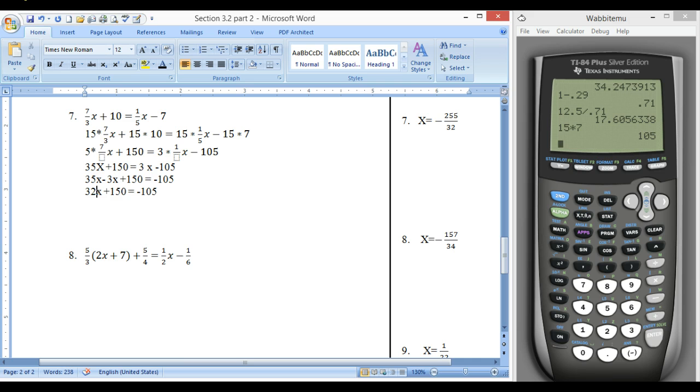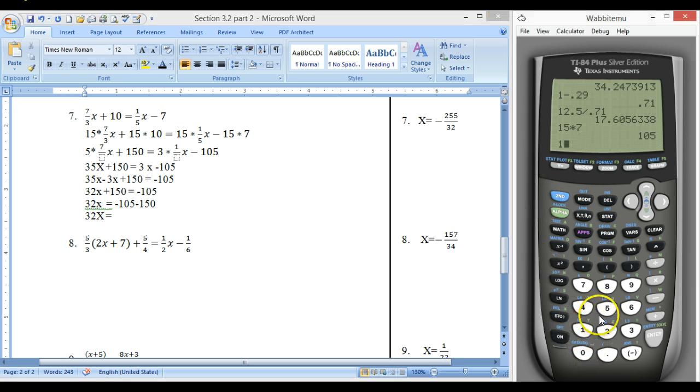Okay, now I need to combine everything without the x's on the other side. So subtract the 150 over. Minus 150. And over here, this was 32. Okay, so my next step is 32x equals negative 105 minus 150.